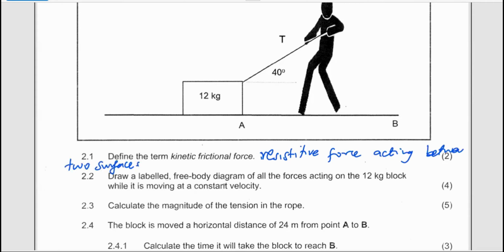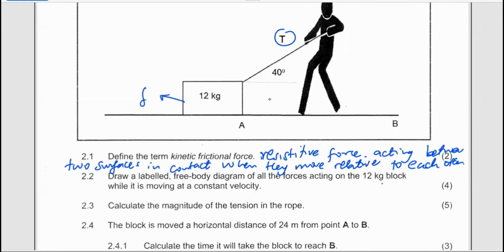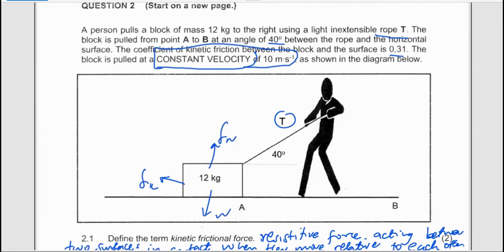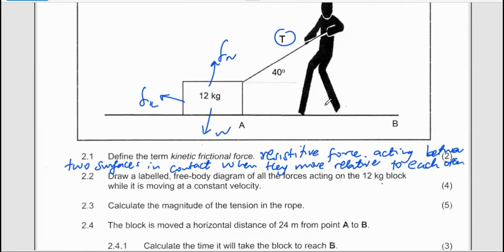Then 2.2, they want us to draw a free body diagram of all the forces that are acting on the 12 kg. So number 1, we have this tension. Then we have the frictional force, Fk. Then we're going to have the normal force, Fn. And then we're going to have the weight downwards. So for me to draw the free body diagram, 2.2, let me put it this side. We say the tension is at an angle.